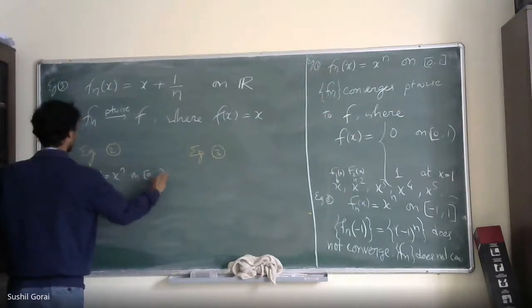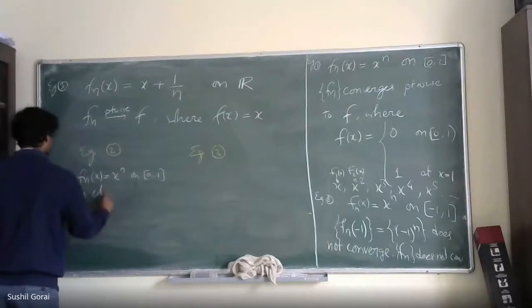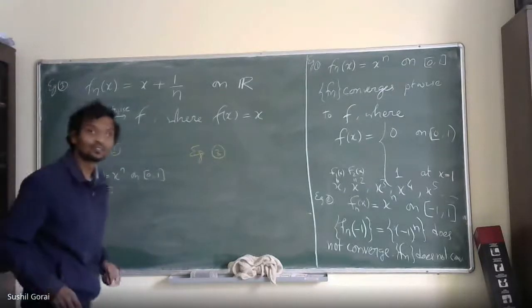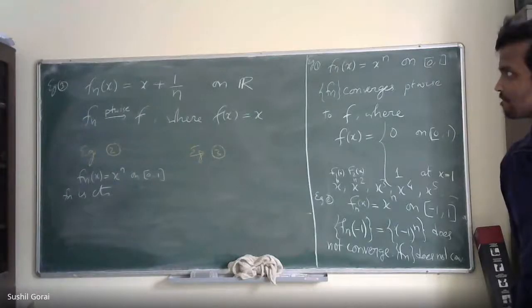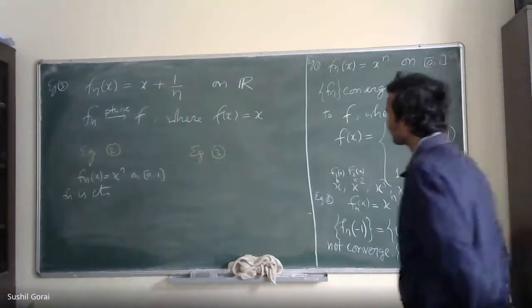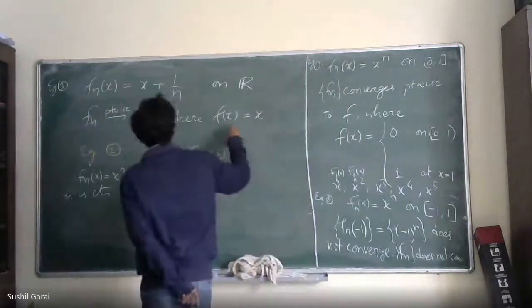In this case, f is continuous. Sir, in the third example, can you please show how it will converge to f(x) equals x when x equals maybe 0 or lies between 0 and 1? No, f(x) is x, right?